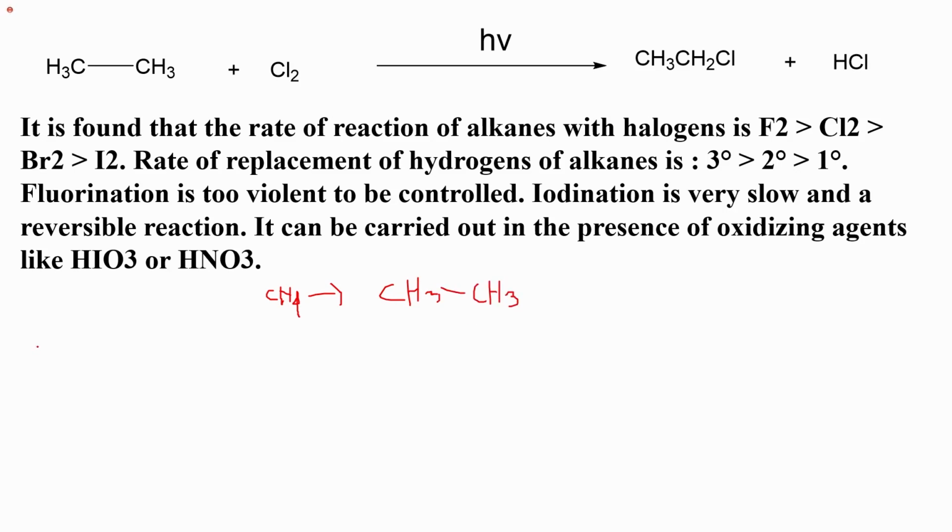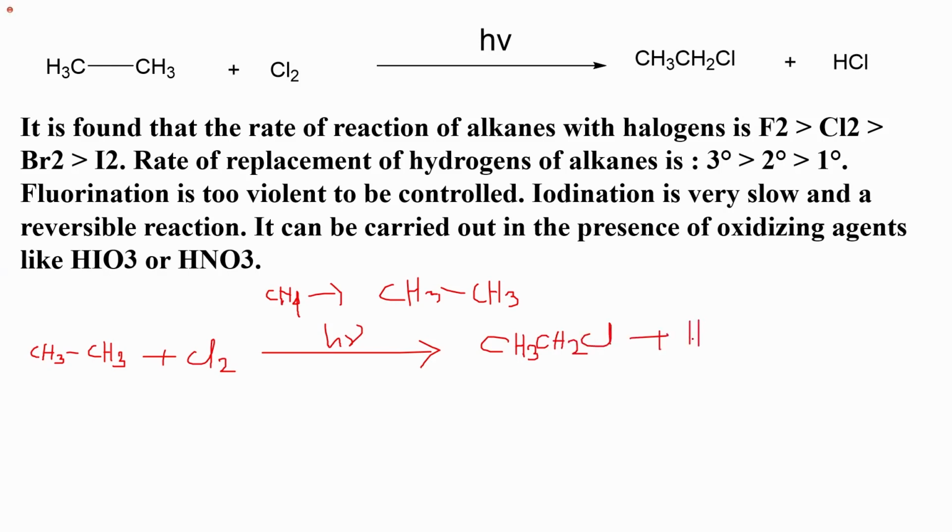Now this alkane CH3CH3 plus Cl2, under photolytic condition, what will it form? CH3CH2Cl plus HCl. How is it forming? It is forming in this way.